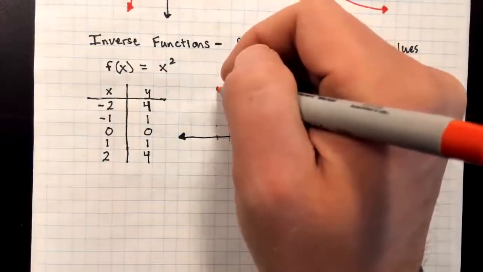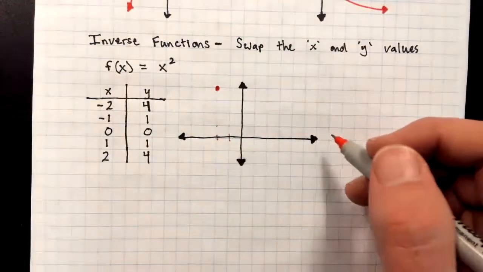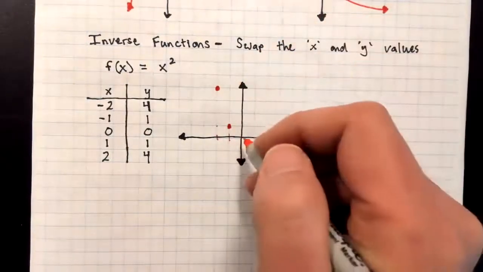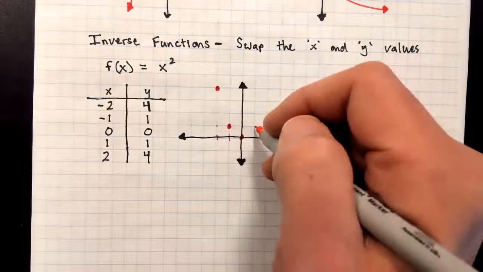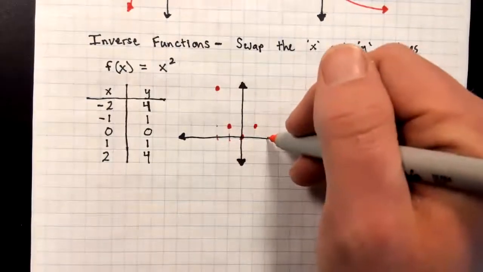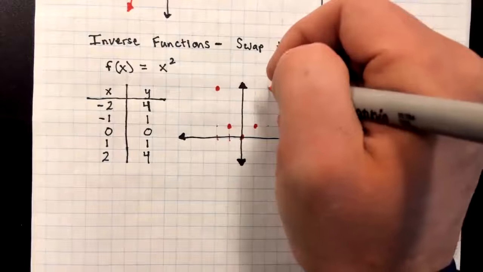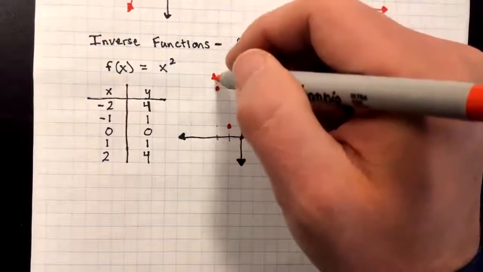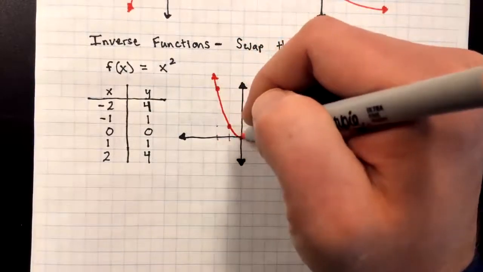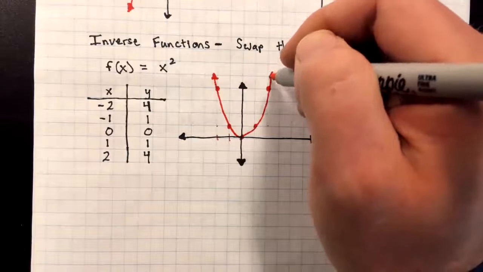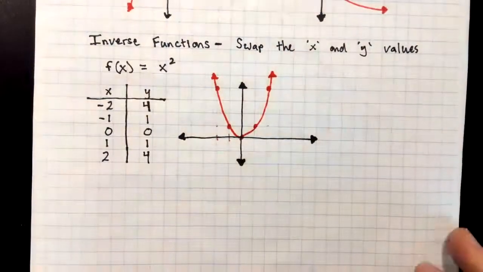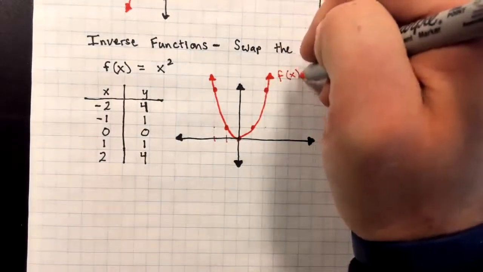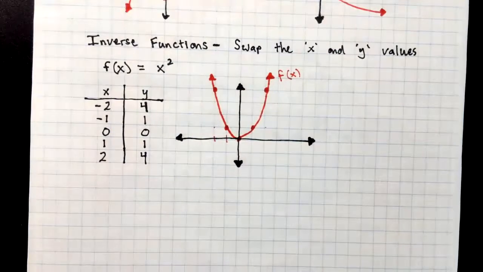So I have a point right up here. And in this function, I have another point at -1, +1. So right here. I have a point at 0, 0, a point at 1, 1, and a point at over 2, up 4. There we go. That is the graph of f of x. That's the original function that we had.